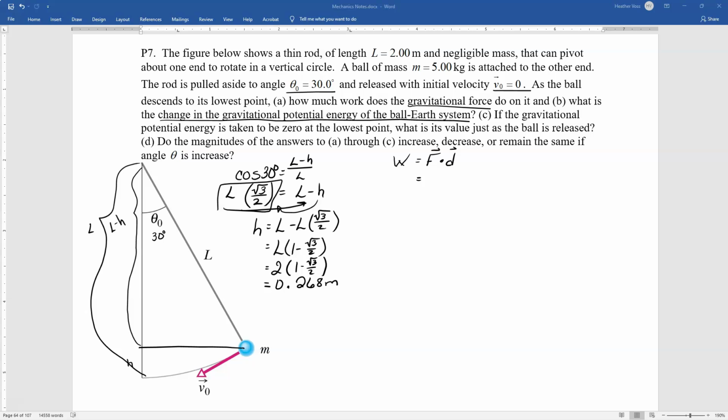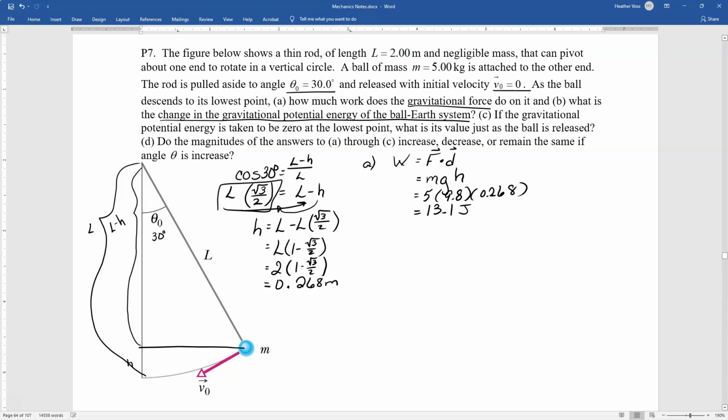But let's look at the simplest way, which is to look at the component, the distance we've dropped down, which is what I've done with all of this. Then I have my force, which is mass times gravity, times my height. So this is 5 times 9.8 times this height, which is about 13.1 joules. That gives us part A.